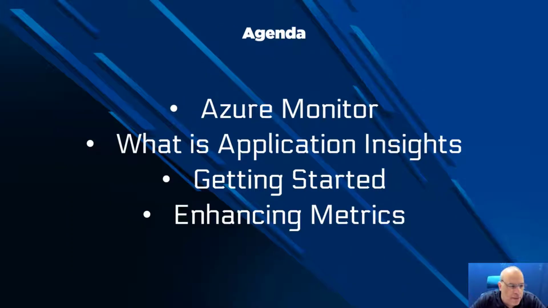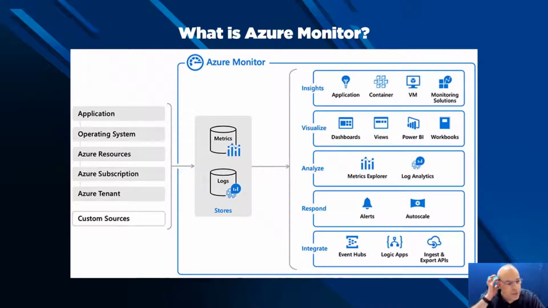I'll stop. I talked through all that. This is what I was talking about. On the left-hand side, you've got the application, operating system, Azure resources, etc. Once all the data is stored, you can then use Application Insights to really look into your application, and that's looking into containers, VMs, your application all over.